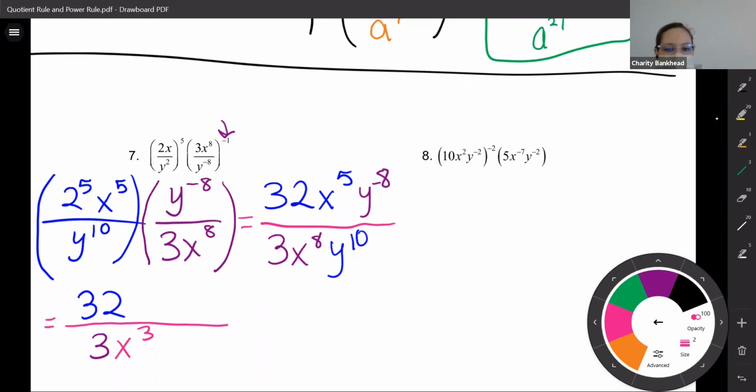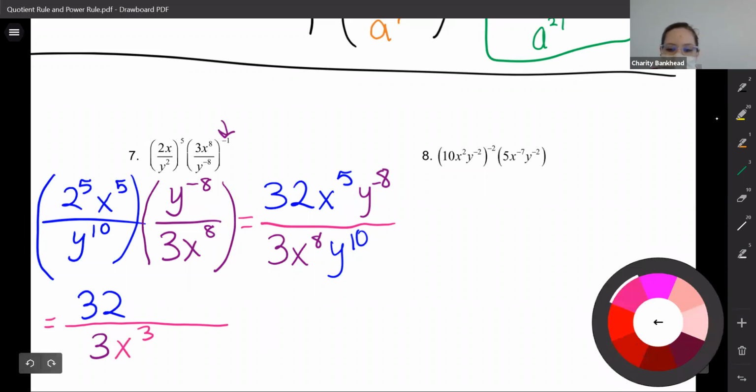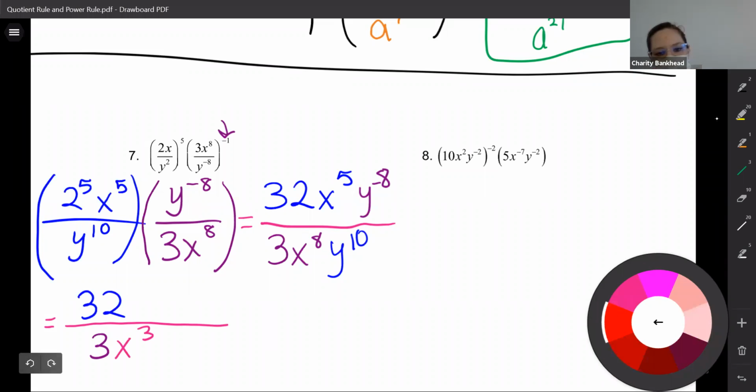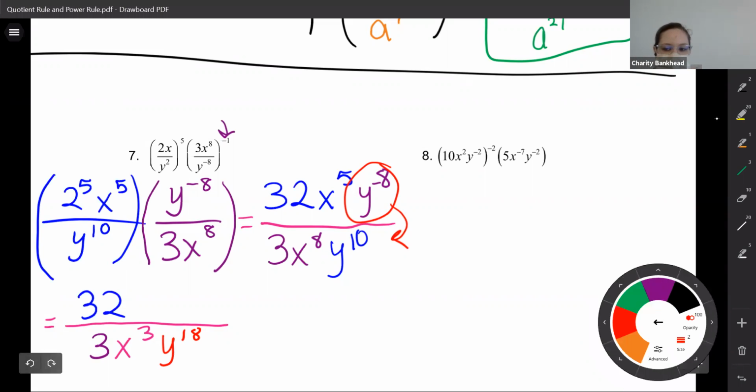And then, let's see. So this one with the negative, basically you move that down there to make it a positive 8. And then it would be 10 plus 8 is 18. So that's going to be y to the 18 on the bottom. And that's the final.